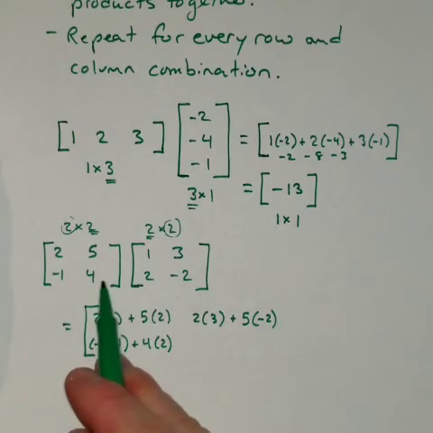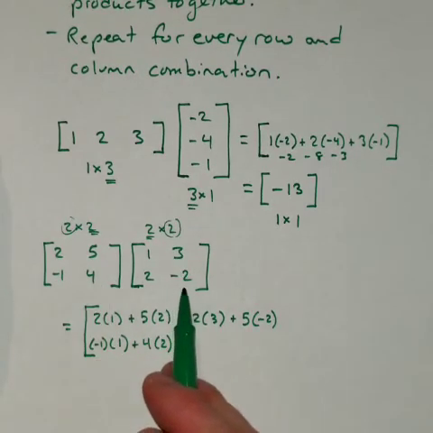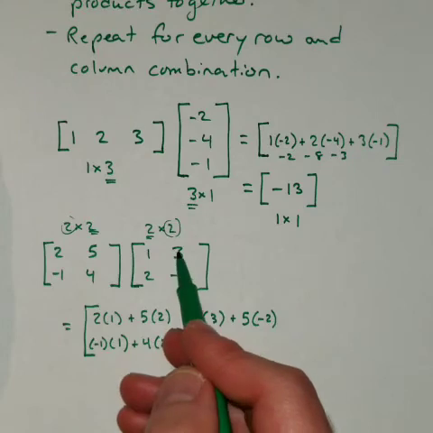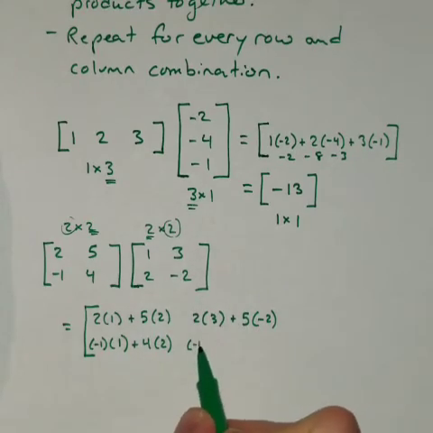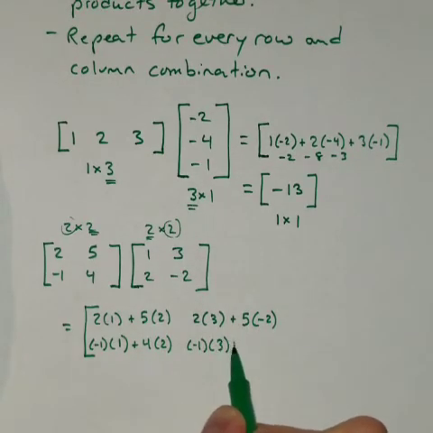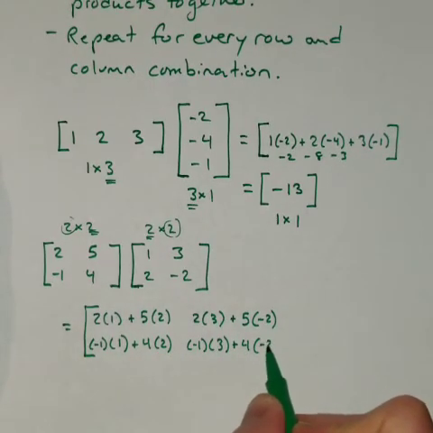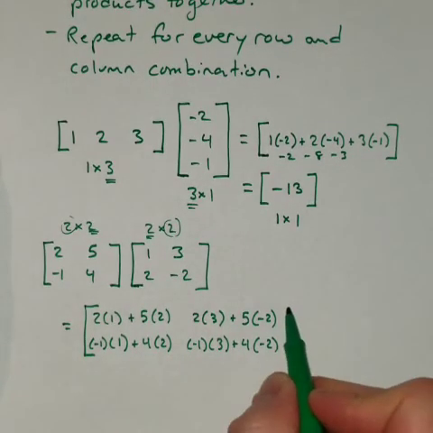Then we're going to do second row, second column. Again, corresponding entries match up. So negative 1, that's the first entry, times 3, that's the first entry. And then 4 times negative 2. Second entry of each.